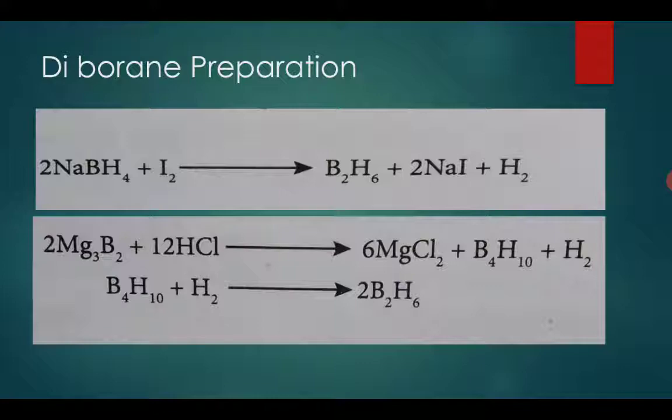Another method of preparation: on heating magnesium boride with HCl, a mixture of volatile boranes is obtained. See the equation: 2Mg3B2, that is magnesium boride, plus 12 HCl gives 6MgCl2 plus B4H10 plus H2.